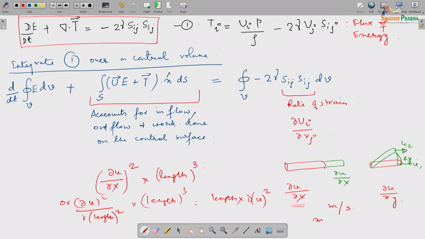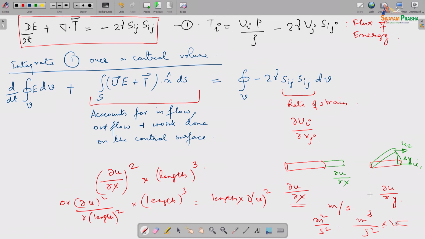The unit of u is meters per second, and then you take a square of that. So that becomes meter square per second square. You multiply that by another length, so that becomes meter cube by second square, and then you multiply by nu. Therefore, you will see this unit, you can do the rest.